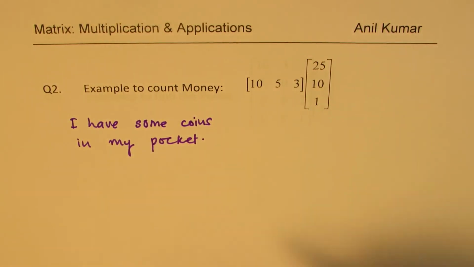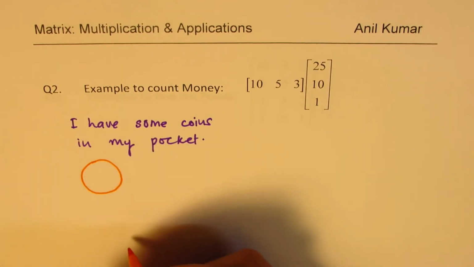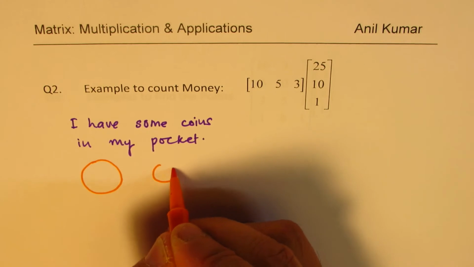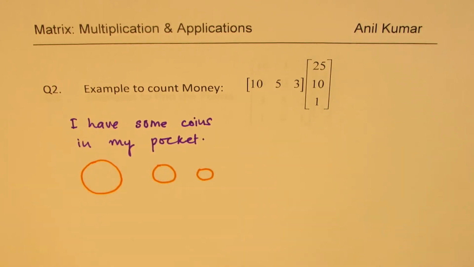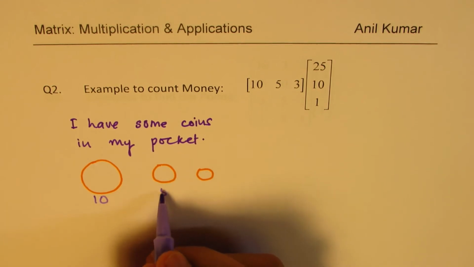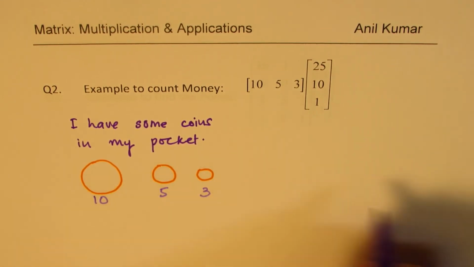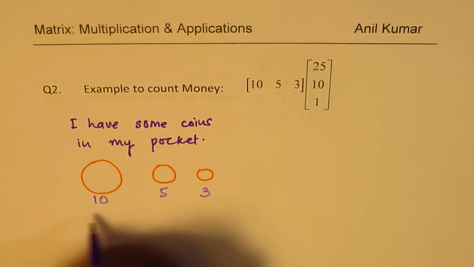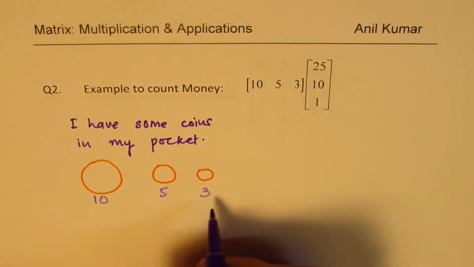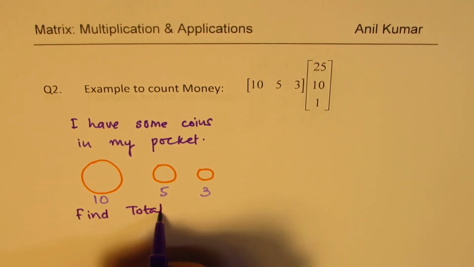So I count them up. So I say, well, I have got these coins. So I got a big coin like this. I got some small coins like this and some small coins like this. And I say, well, I have 10 of these kinds. I have 5 of these and 3 of this, right? You have to tell me the total amount. You need to find, the question is, find total amount.